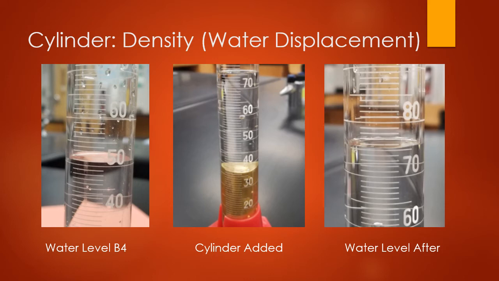So the way we do this is we fill up a graduated cylinder with a certain amount of water. So you're going to need to record the initial volume of the water, and that is in this first diagram here where it says water level before. That's the initial level of just water. You can see it's approximately 51 milliliters.